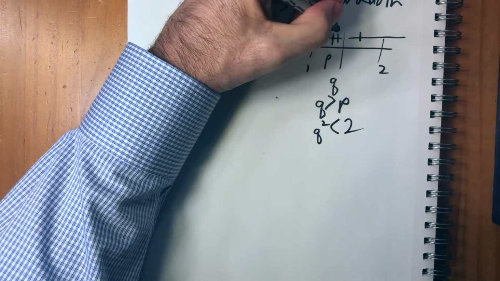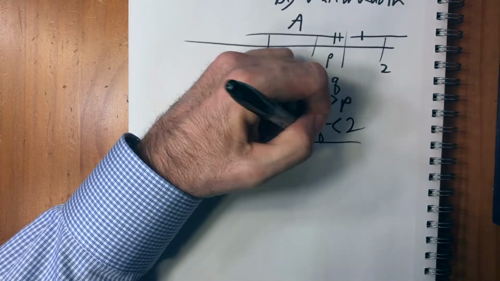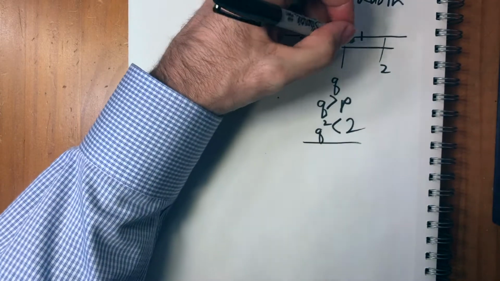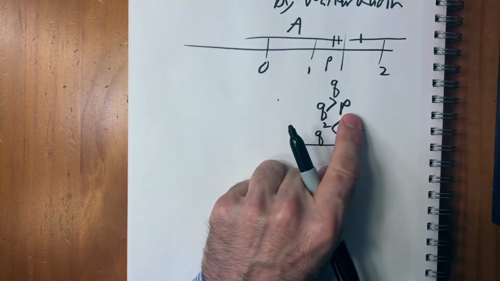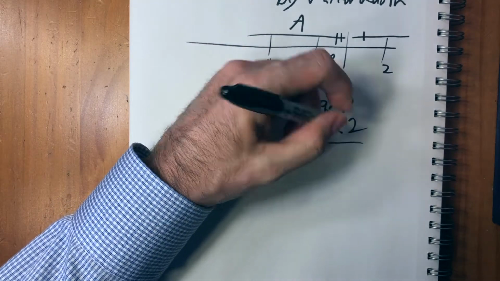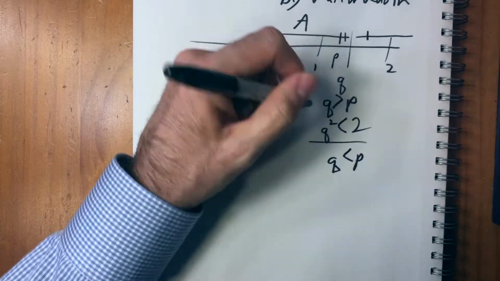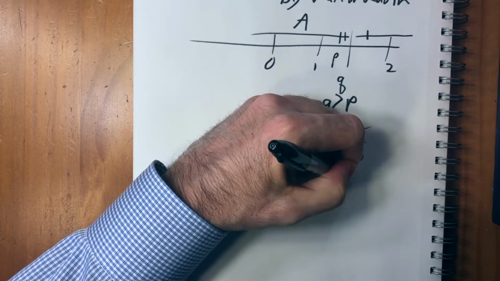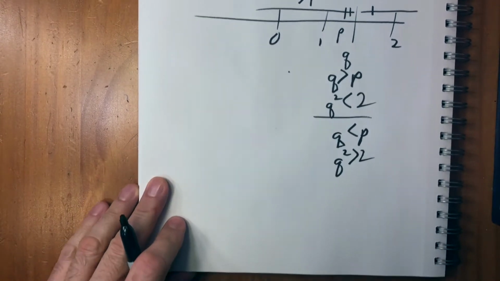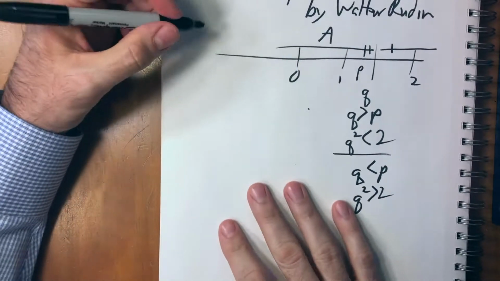No matter how close you get, I can always find one that's inside. On the other hand, if p squared is greater than 2, then I can always find a q that's less than p, but still q squared is greater than 2.